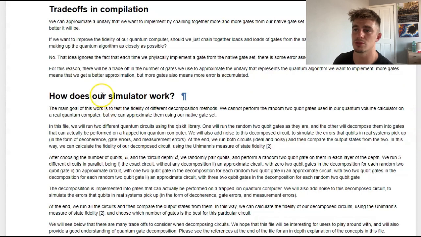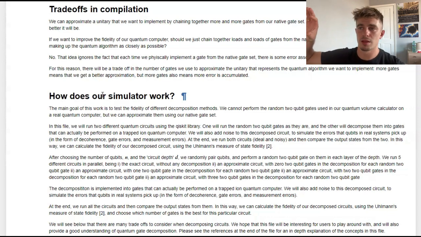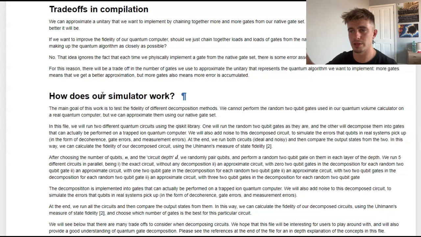Okay, so there's going to be some trade-offs in compilation. We've said that the longer the chains are in our approximation, the closer that chain will represent the thing we're trying to approximate. And then you might say, well, why don't we just make the chain really long? The answer is because it'll take a long time to implement in real life, and the qubits only have some finite coherence time. Also, every time we implement a gate physically, there's some probability of error.